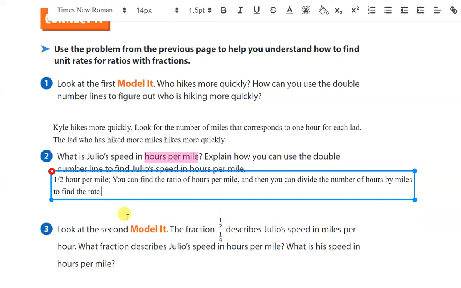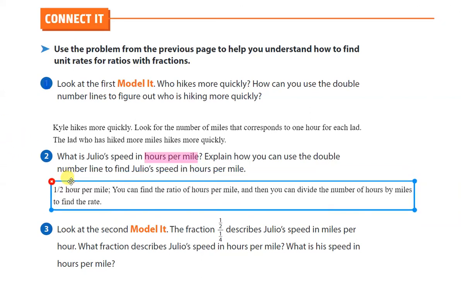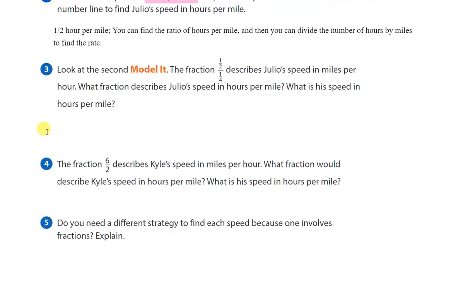There you go. I mean, the number line's already up there, so just use the number line, or just do the division because it's easier. Okay, so looking at the second model, which is the good way, where you just do math. I'm not a fan of the number line, obviously, but that's okay. If it works for you, then use it. If it doesn't, then don't use it.